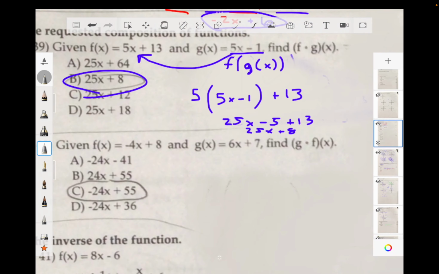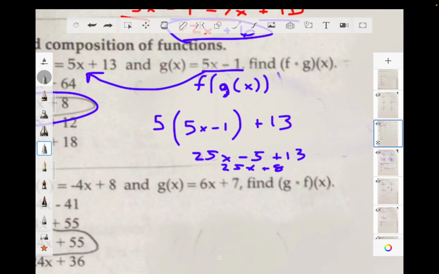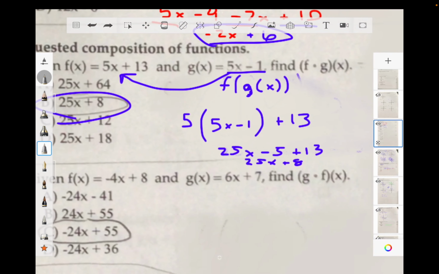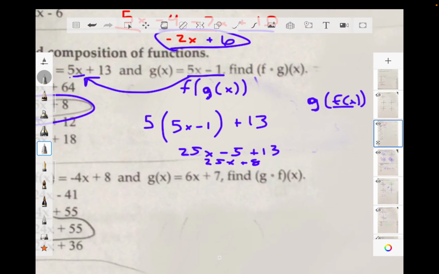Which is that one. I don't like this formatting, but whatever. Again, f of g of x is just putting g of x in for x. If it was g of f of x, then you're plugging whatever f of x is into the x for g.